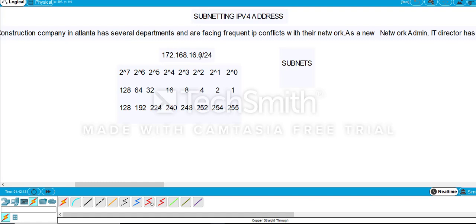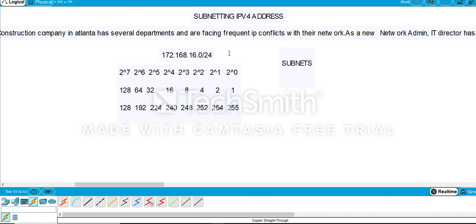Even though you only need 9 subnets, the 16 will give you enough room for future scalability in case your network scales up in the next few years. You will still have more IP addresses to assign from within this network. So we're going to borrow 4 network bits.